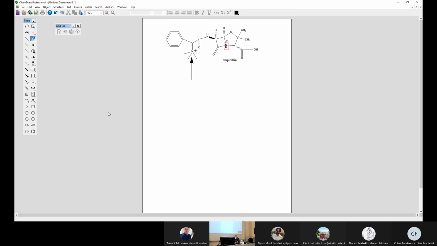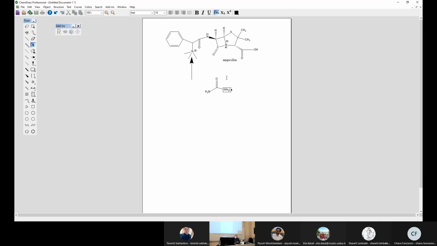So they thought to increase the hydrophilicity of the aminopenicillin by introducing on the side chain the residues of urea. You see here the chemical structures of urea. Where they introduced urea? In the side chain on the basic nitrogen atom.